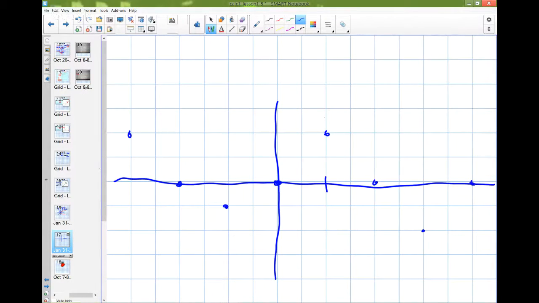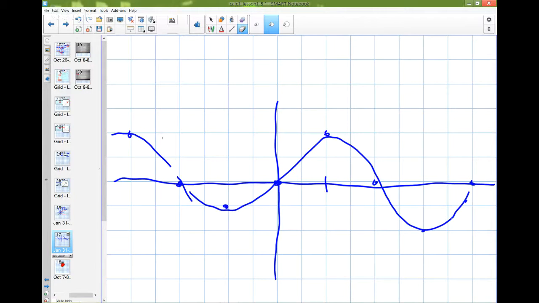So the sine function has this kind of an appearance to it. Now, I guess I didn't dip this low enough. My apologies here. Let's do that correctly. There we go. Now that looks a little bit better.